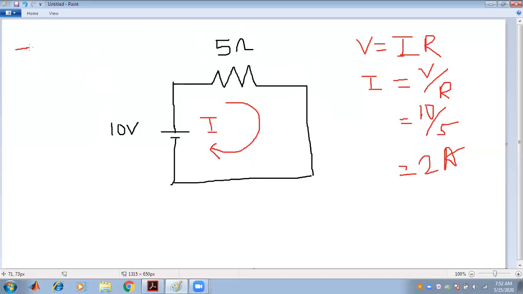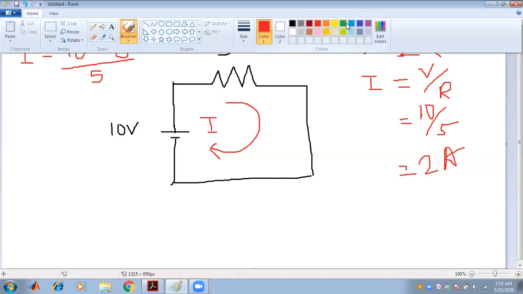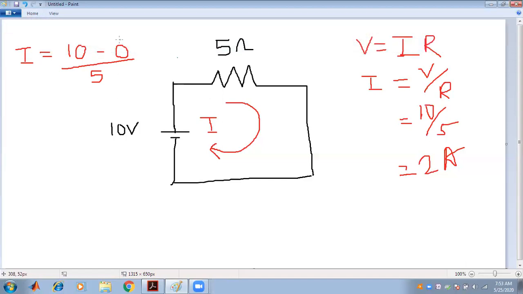So let us take this equation: 10 minus 0 by 5. Now it is showing a voltage difference. From where did this 0 value come from?